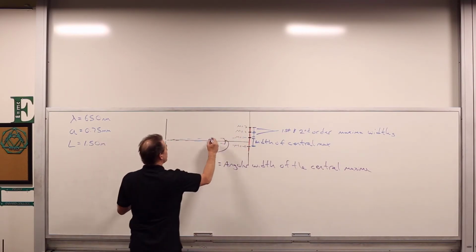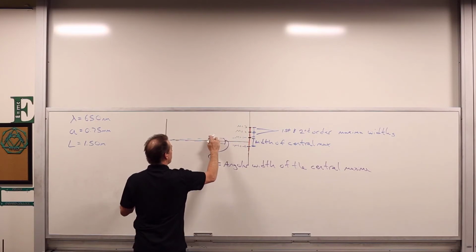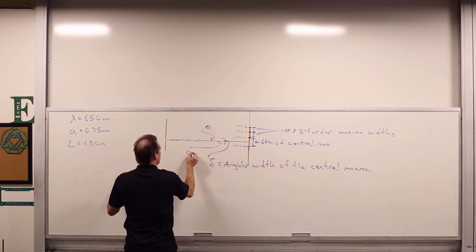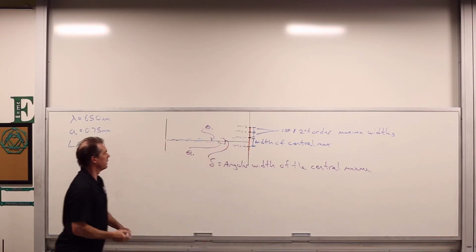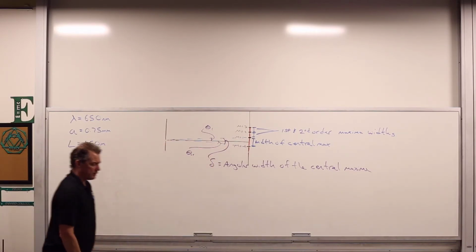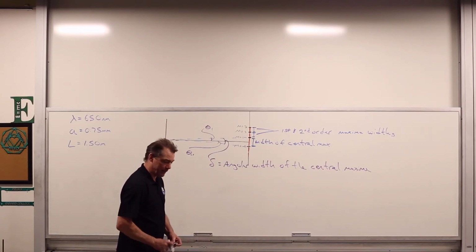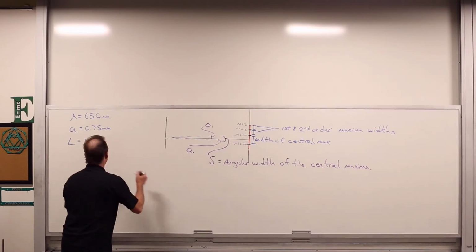With that angle delta, we've got this angle, which we have being theta 1, and we've also got this angle, theta negative 1. So let's start putting this stuff together, quantifying this out, and moving on from there, shall we?